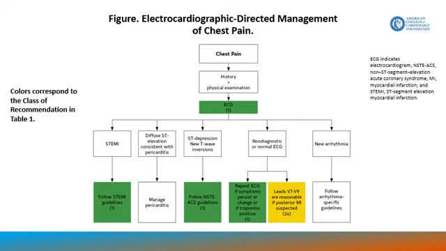Again, this is the finding of the ECG in a patient with acute chest pain: STEMI, ST segment elevation, myocardial infarction. But you have to take into consideration that not all ST segment elevation is MI. Pericarditis can cause diffuse ST segment elevation, but it has certain criteria.